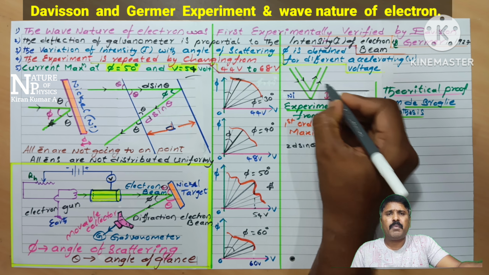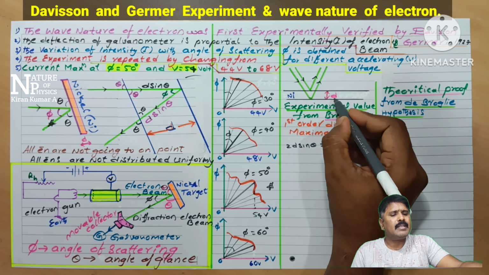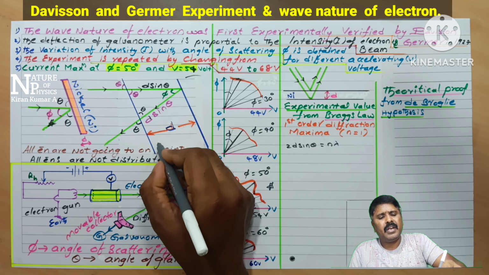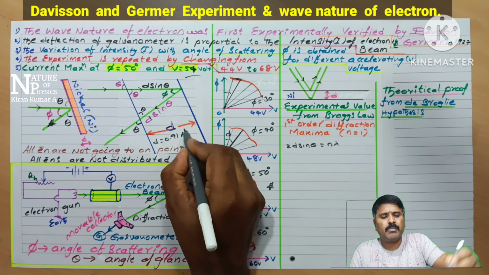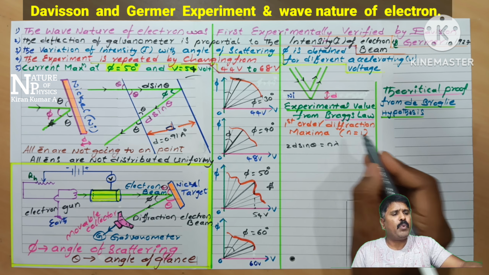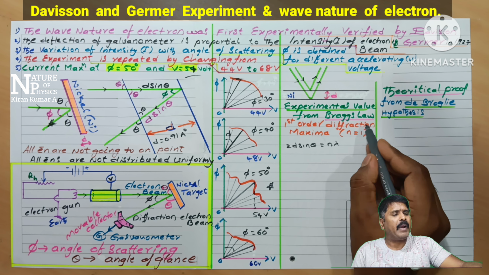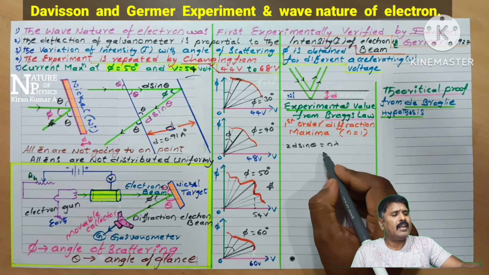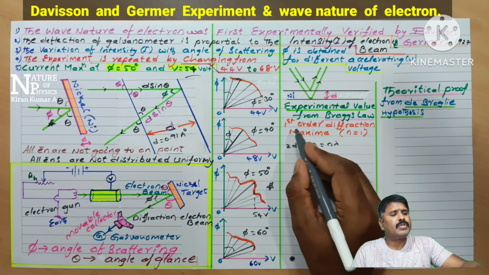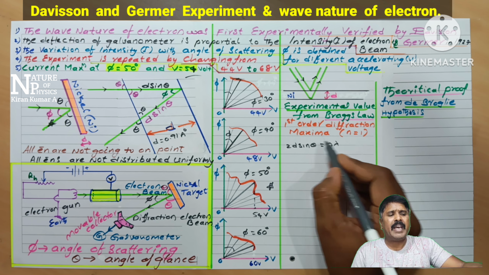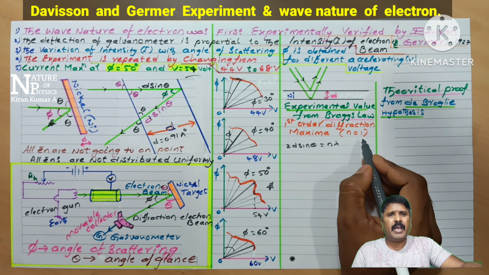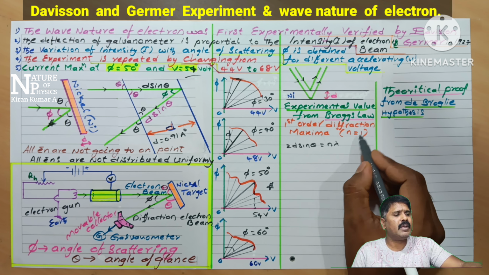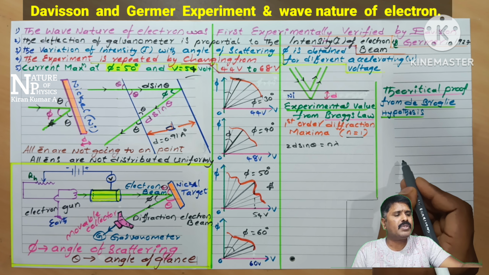These are the diffracted rays, student, and D is the thickness of the nickel, the D value being equal to 0.91 angstrom, student. Next, the experimental value from Bragg's law, that is 2D sin theta equal to n lambda. For the first order diffraction maxima, n is equal to 1, student, first central maxima, then first maxima considered, that's why n is equal to 1, student.